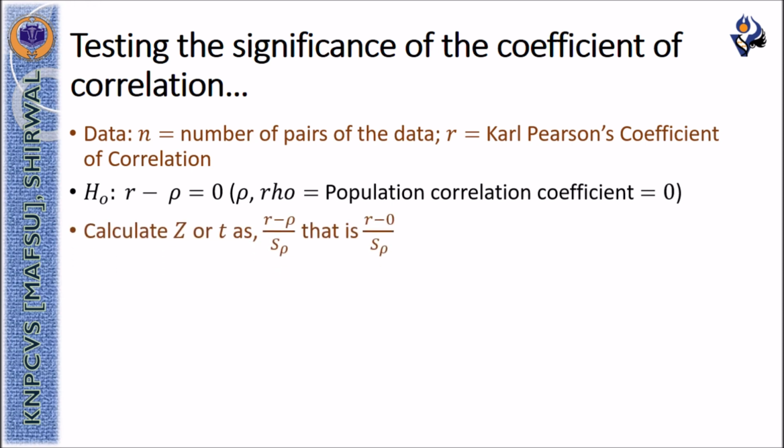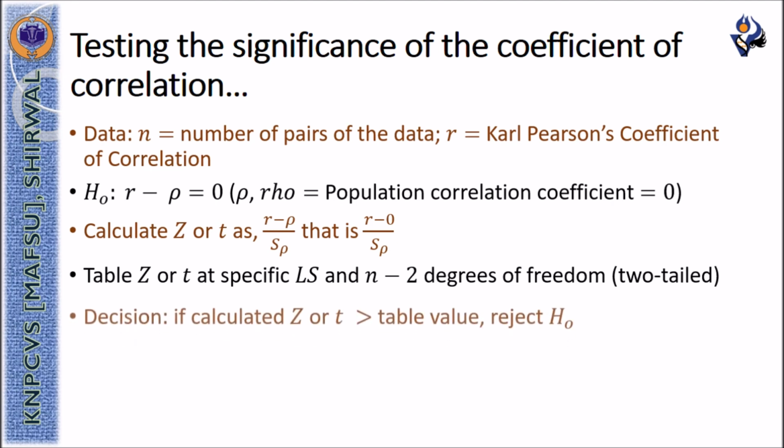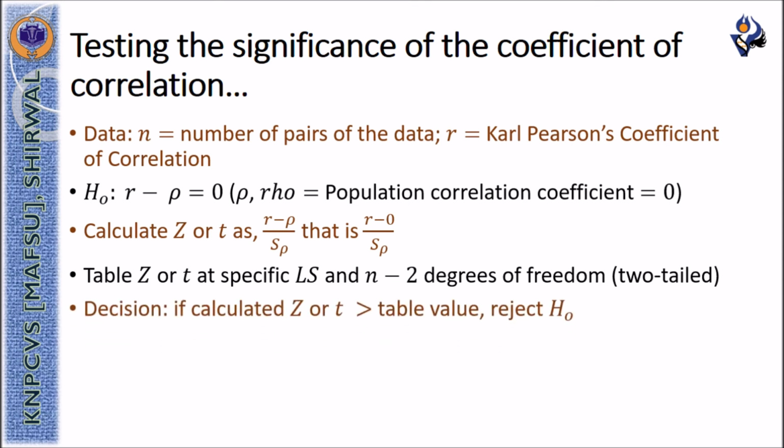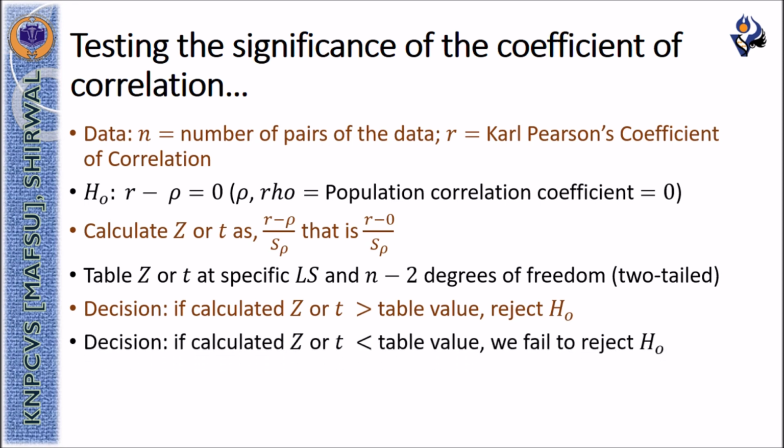The value of z or t is obtained according to the number of observations in the given sample using the given formula. The table z or table t at specific level of significance and at n-2 degrees of freedom is referred, and the decision will be based on comparison of calculated z or t value with the table t or z value.